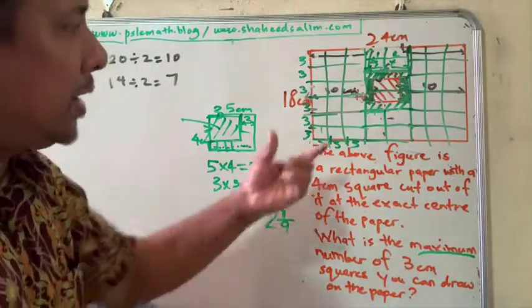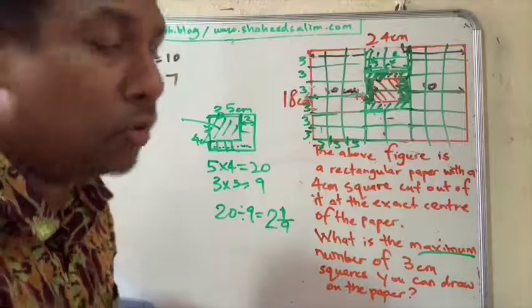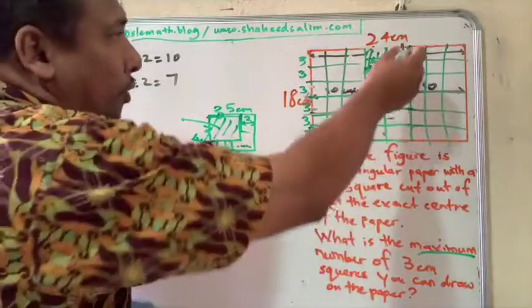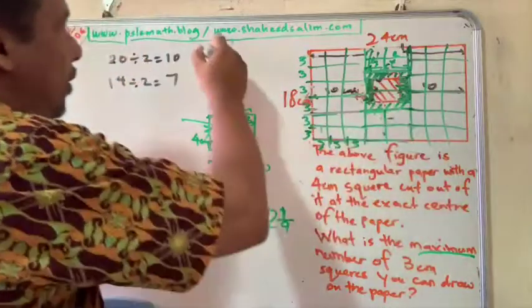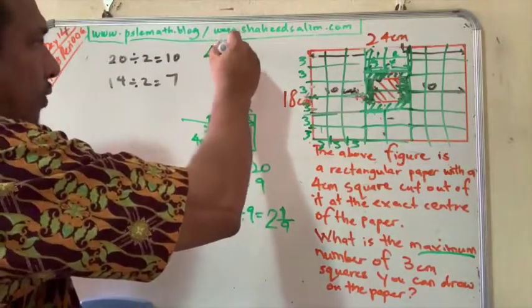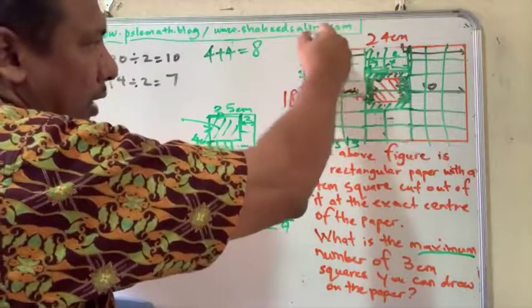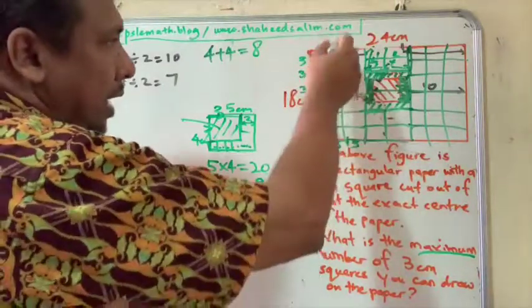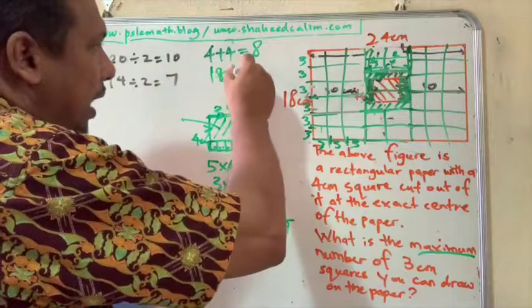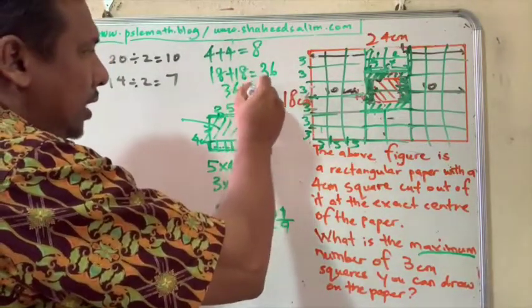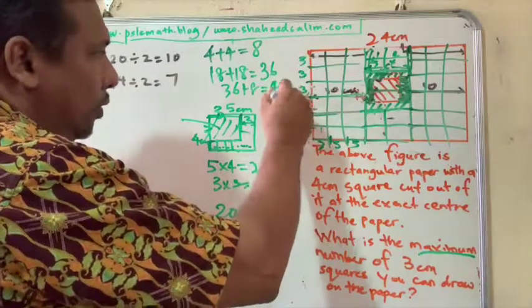So how many 3 cm squares can you draw? What's the maximum number? Well, you have 4 here, 4 here. 4 plus 4 is 8. Then remember we have 3 times 6 is 18, and another 18, you get 36. 36 plus 8 is 44.